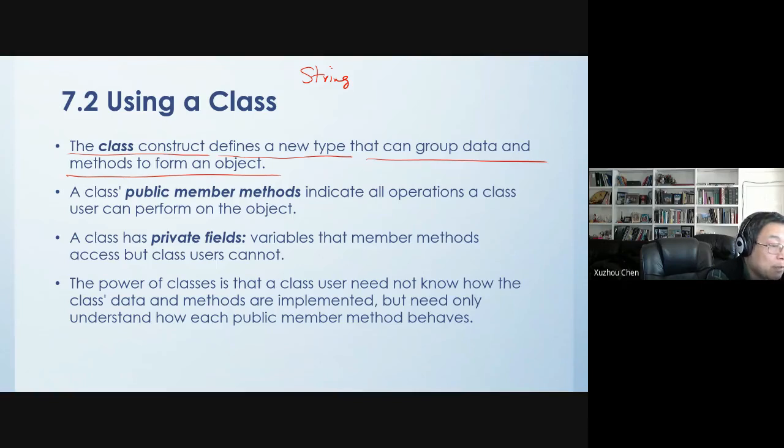When you declare a string, you can interpret string as a class created by other people. String is so popular because everybody uses it. It's useful in Java programs. So people put the string class in the library so people can use string without knowing how it is created. The only thing I need to know is how to use the string. So I can declare a string, say myString.